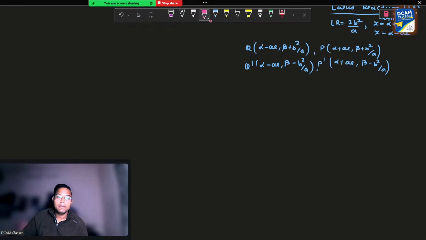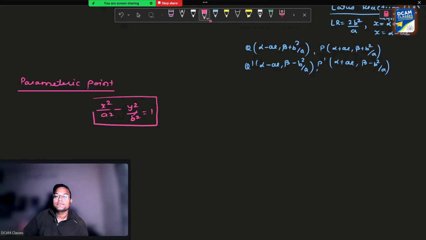Acha. Do you remember the parametric point of ellipse? See, in the ellipse we have x is equal to a cos theta, y is equal to b sin theta. Here we have to take some point which would be satisfying the equation x square by a square minus y square by b square is equal to 1.